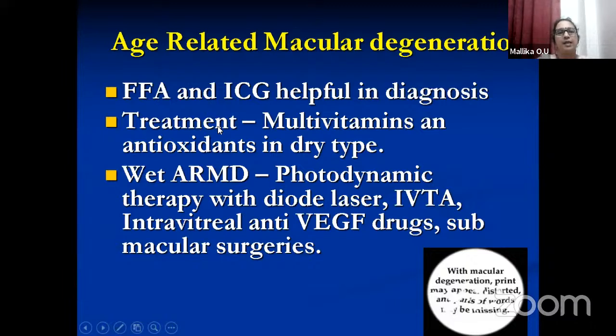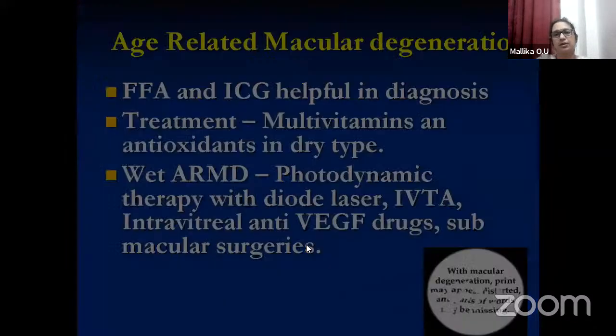In dry type of age-related macular degeneration, the treatment is multivitamins and antioxidants. In wet age-related macular degeneration, the treatment is photodynamic therapy, intravitreal anti-VEGF agents, and in advanced cases, some surgeries, submacular vitreoretinal surgeries.